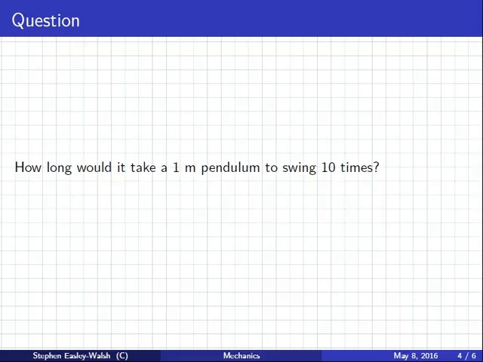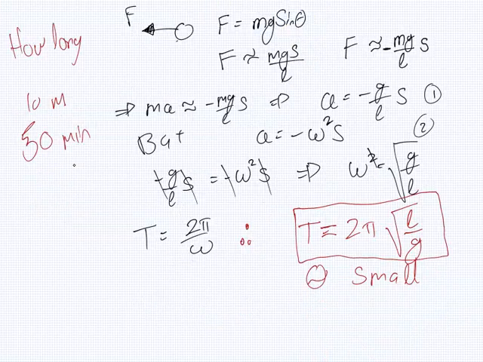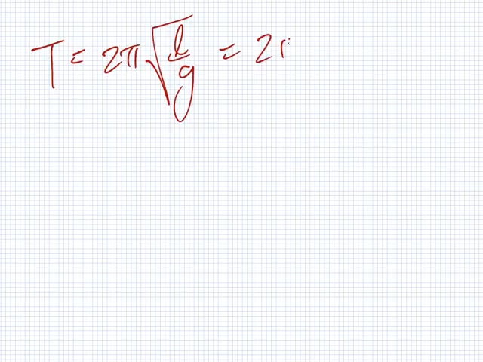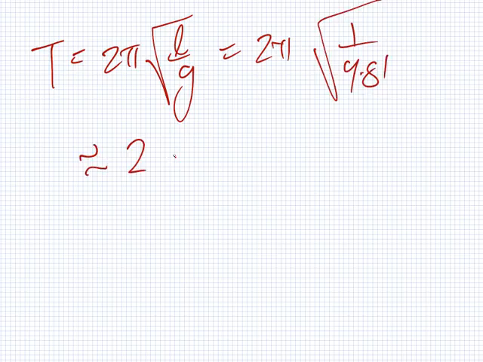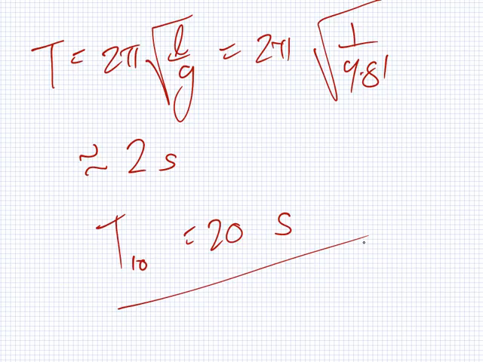You have an answer, Adnan? 20. That sounds about right, because 1 should be about 2 seconds, so 10 of them would be 20 seconds. So let's have a look. The time is 2 pi root L over g, which is 2 pi root 1 over 9.81, roughly 2 seconds. So it takes 2 seconds to go like this. So 10 times? 20 seconds. Pretty easy, once you see it.